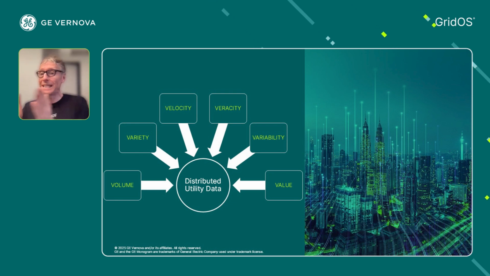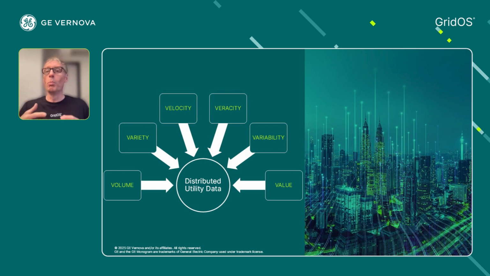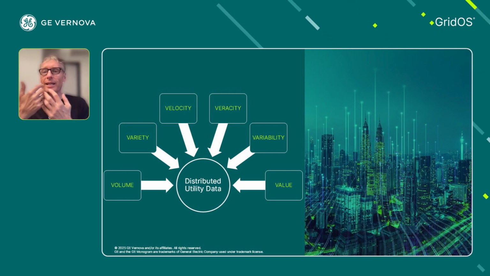It's not only SCADA data anymore, not only alarms and events, but also asset data, behind the meter data, external data. And then, most of the use cases in the future are moving towards real time. So velocity: it's not only big data, it's also fast data.